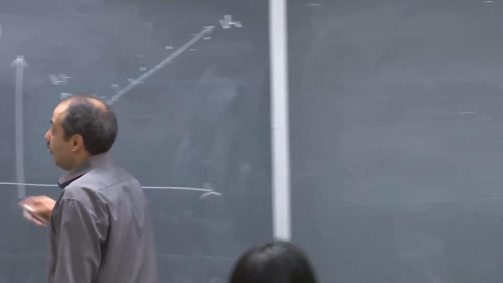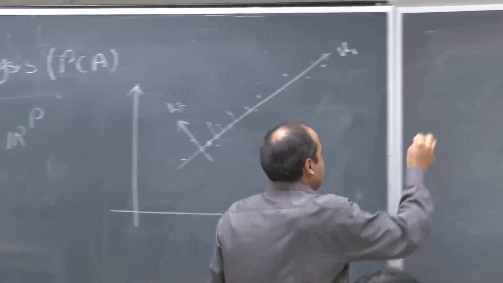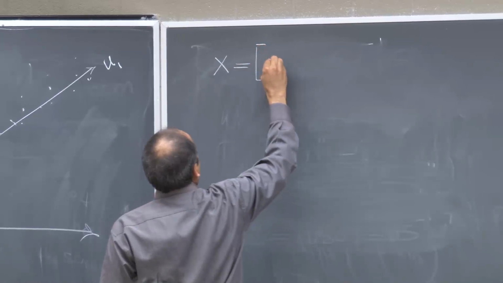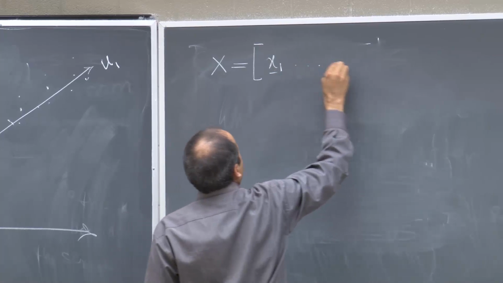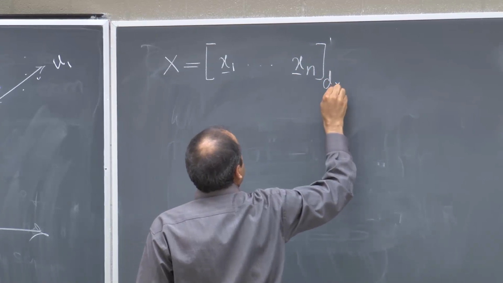Okay, I'm going to assume that I have data points in D dimensions, and I'm going to assume that I have n of them, which I show by a capital X. So I have x1 to xn data points.